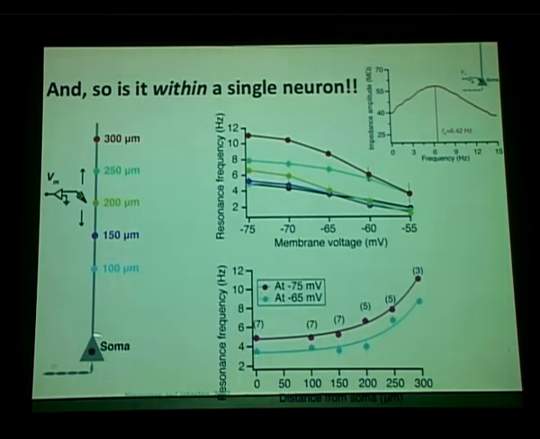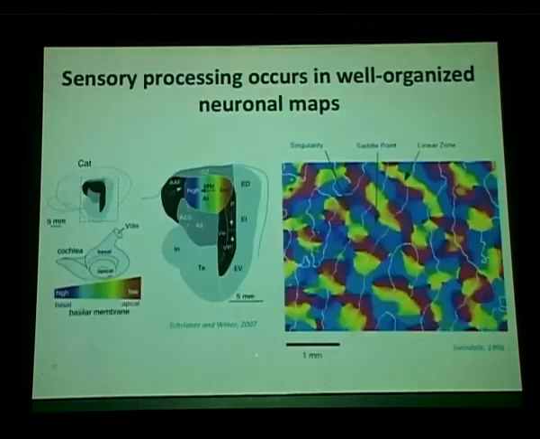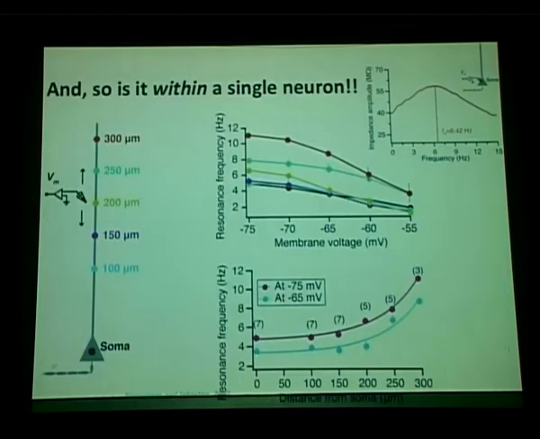The somatic membrane is responding maximally to around 5 hertz, and at the distal end, at around 300 microns, it responds to around 10 hertz. So you have a map of different resonance frequencies along this neuronal topograph, with adjacent locations responding to adjacent frequencies, pretty similar to what you see over here. So it is a map in some senses.